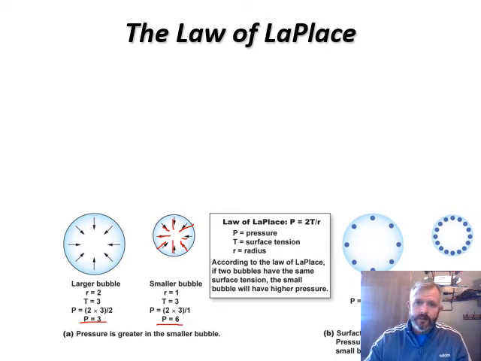This is what the law of Laplace is saying: the smaller balls or smaller alveoli are going to have greater surface tension, where the larger are going to have smaller, about half in this case.